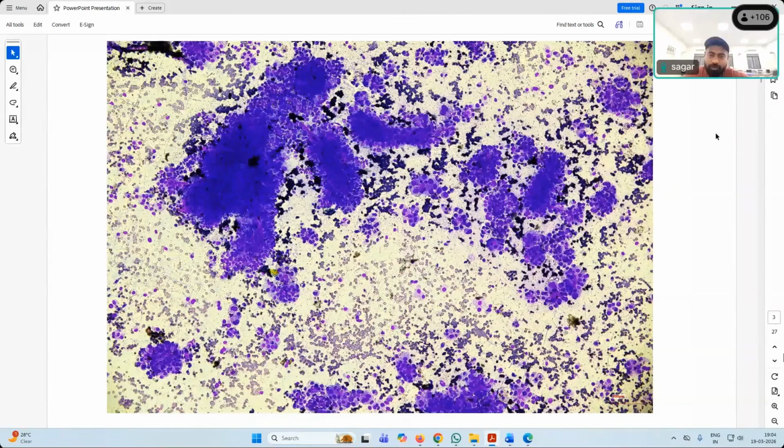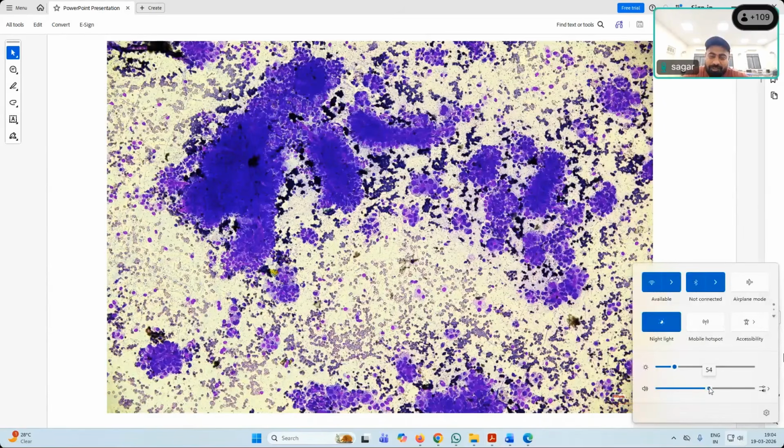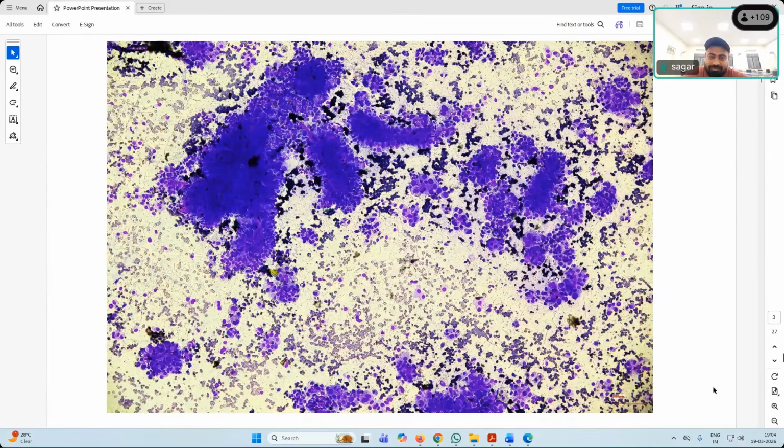I can see moderately cellular, highly cellular smear, moderately to highly cellular. Okay, so the cellularity, you can see that the smear is quite cellular. Can you see any arrangement of these cells?